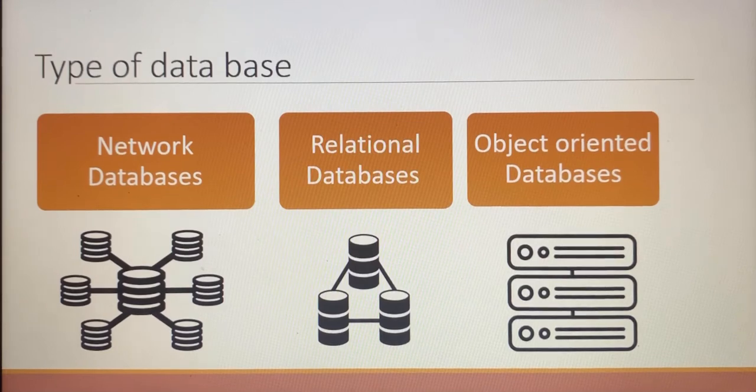Here are the types of databases. First, we are going to talk about network databases. The network database model builds on the hierarchical model by allowing many-to-many relationships between linked records, implying multiple parent records, based on mathematical set theory. The model is constructed with a set of related records.